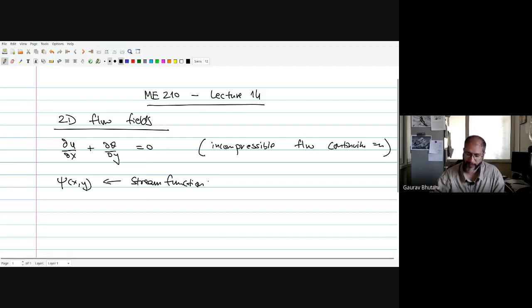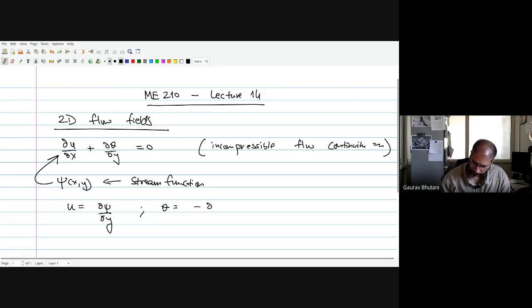And the reason we can define such a function is because the continuity equation has to be satisfied. So we define psi such that u is equal to del psi by del y and v is equal to minus del psi by del x.